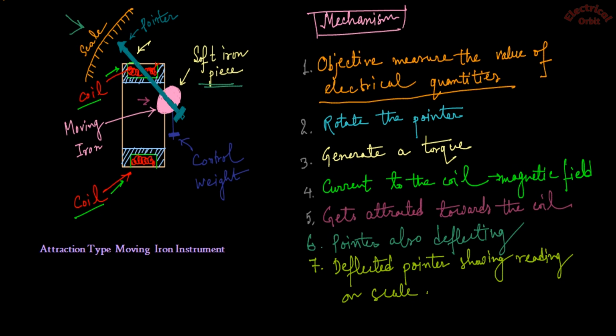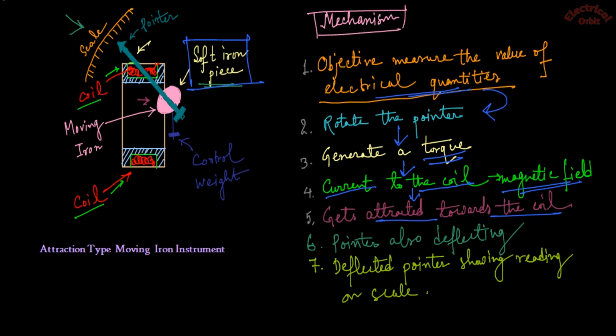So let us recap. First, our objective is to measure the electrical quantity, whether it is voltage or current. For that, we need to rotate the pointer. So how could we rotate the pointer? If we could generate a torque. How could we generate the torque? If we can generate a magnetic field. How? By flowing a current through the coil. Whenever the magnetic field is generated, this soft iron piece is attracted towards the coil.